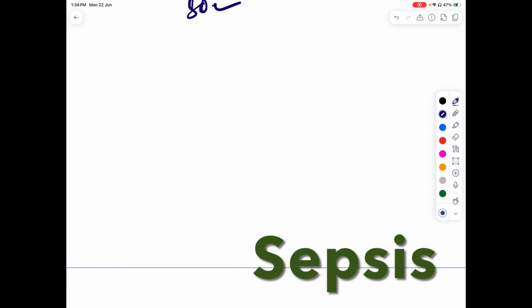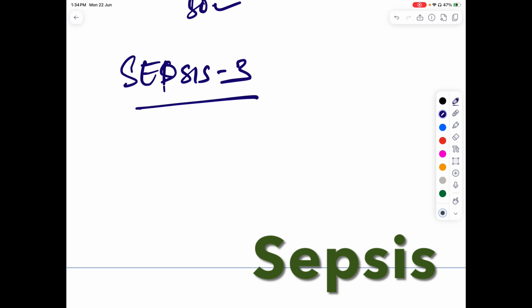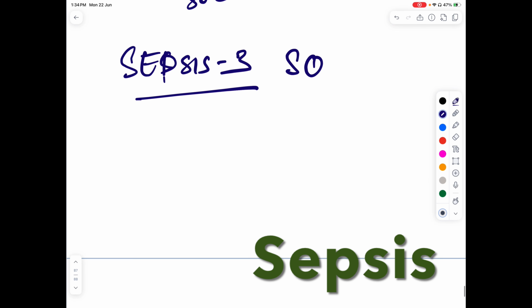What do you mean by Sepsis 3? Sepsis 3 is defined as life-threatening organ dysfunction caused by dysregulated host response to infection, updated in 2016 and published as the Third International Consensus definitions for sepsis and septic shock. It uses the Sequential Organ Failure Assessment criteria, SOFA.